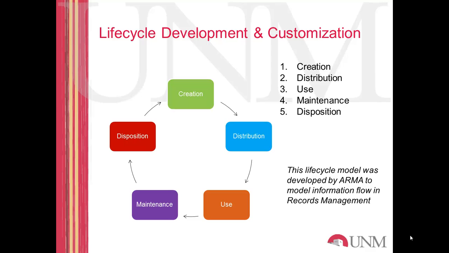And again, this is just one example of many of how a life cycle can be customized for a specific use. Rather than go into each of these stages, let's move on and look at another example.